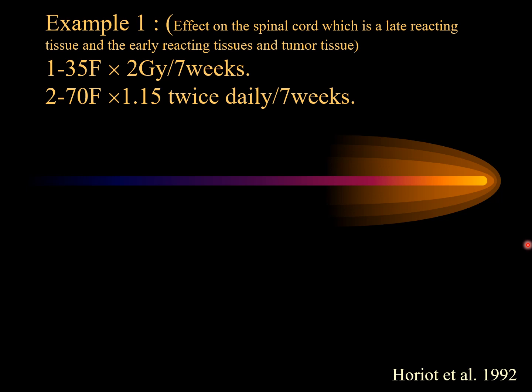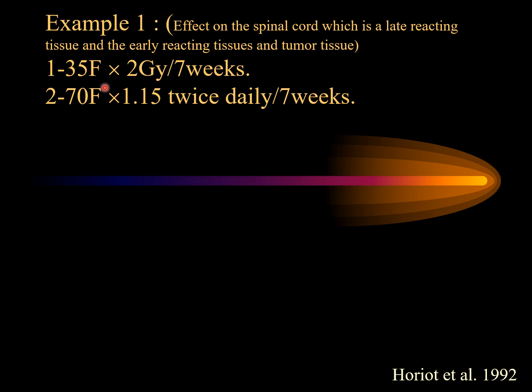Let's look at the biological effective dose for the first regimen and for the second regimen or the second fractionation. We are not expecting that 70 gray in 2 gray per fraction, 35 fractions, will be equal to 70 fractions with 1.15 gray twice daily fractions. So let's try to compare these two fractionation schedules and see which is hotter, which is cooler. But before we go through that, you have to ask your question.